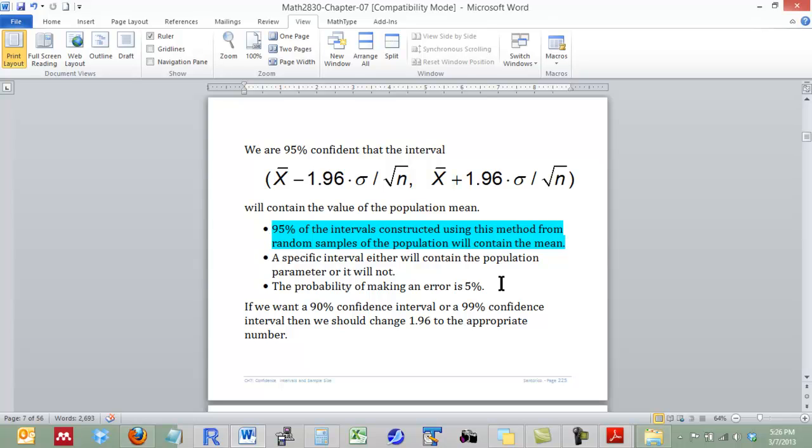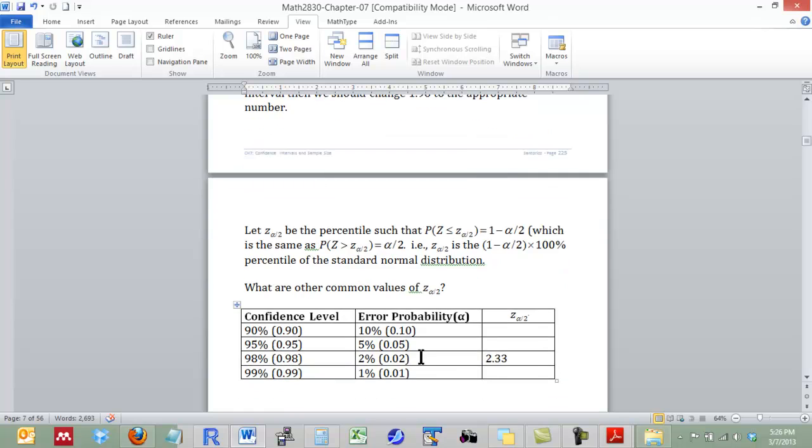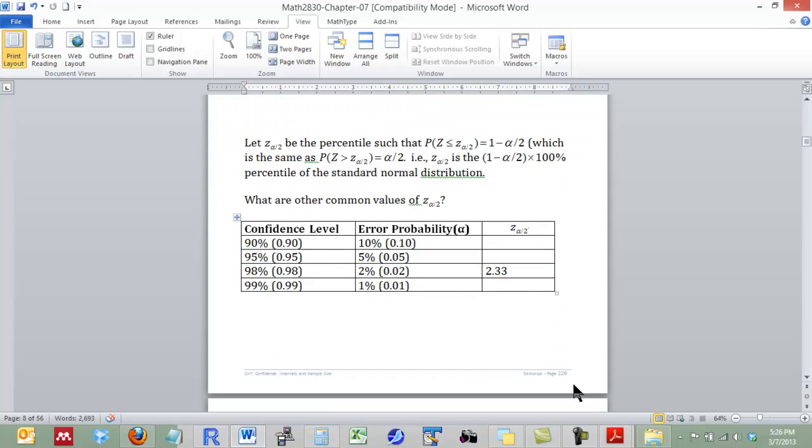The 1.96, I just picked it because 95% is common, but we're going to want to be able to change that. So we might want 90% confidence, 99% confidence, and in that case, this 1.96 is going to be changing. So we need to be able to come up with those values. So some notation.